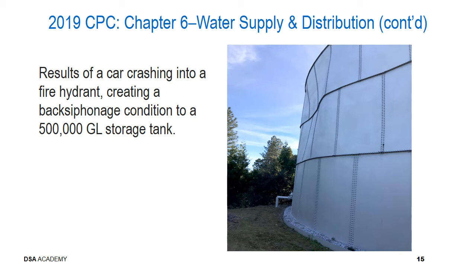And obviously these tanks are vented, but the vent on the top of the tank certainly wasn't designed to mitigate the chance that a catastrophic release of pressure or a low pressure condition was created, and just allowed water to be sucked out of this tank as quickly as it could be sucked out, and even more so, creating the damage on the outside of the tank that we can see.